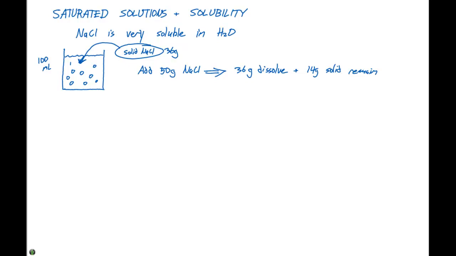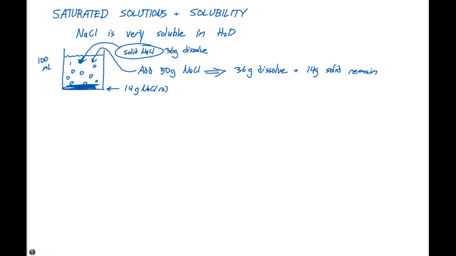So instead of 36 grams, we're going to add 50 grams of NaCl into this container. 36 grams is going to dissolve, and there's going to be solid down here at the bottom, and we're going to have 14 grams of NaCl exist as solid.